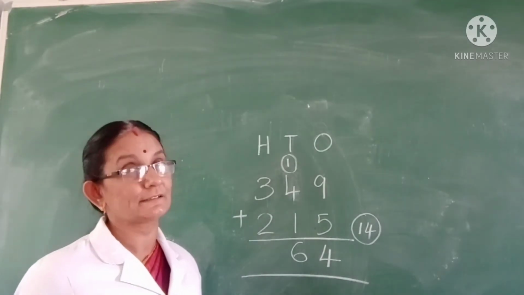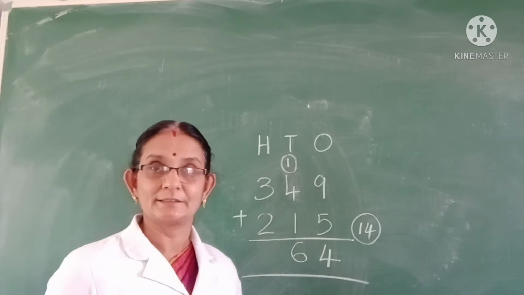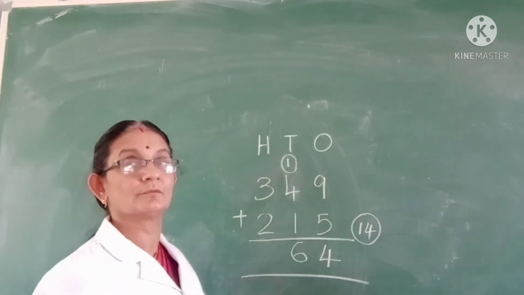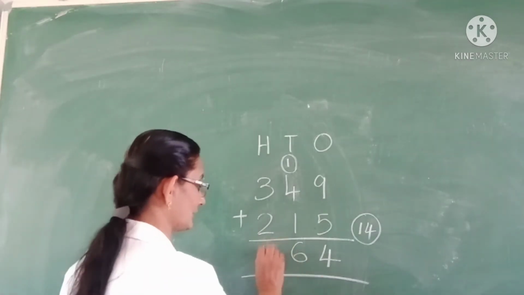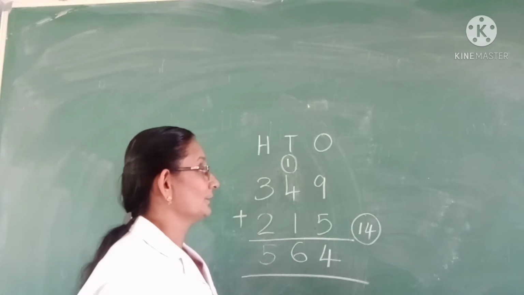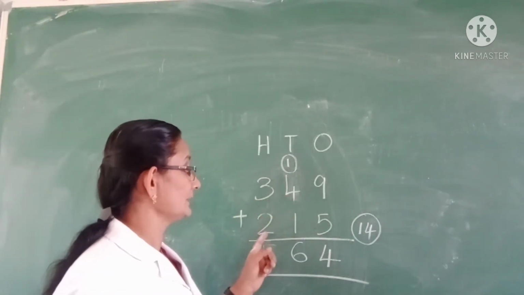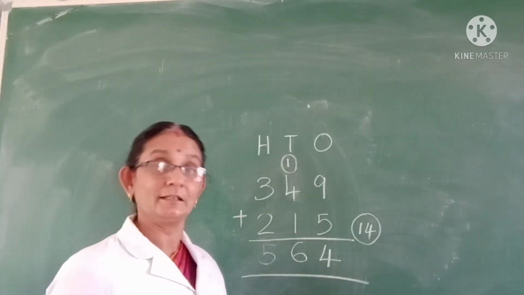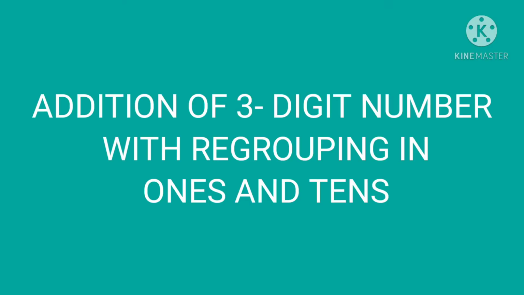Now let us add the digits in the hundreds place. 3 plus 2. What is 3 plus 2? Yes, very easy, isn't it? 3 plus 2 is equal to 5. So we have the sum as 349 plus 215, which is equal to 564.